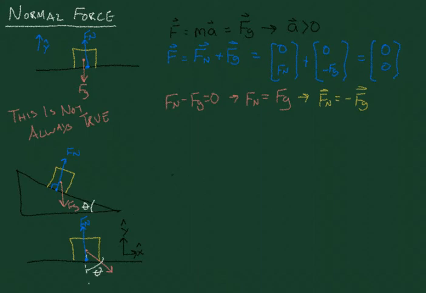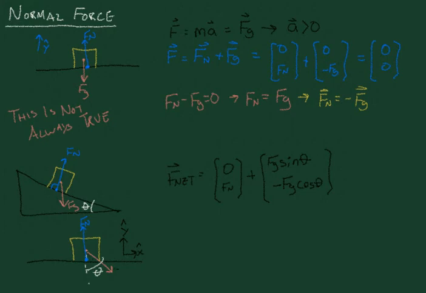So we see that our net force in this case is equal to the normal force in the y direction plus, in the x direction, the force of gravity sine of theta, and then minus the force of gravity cosine of theta.